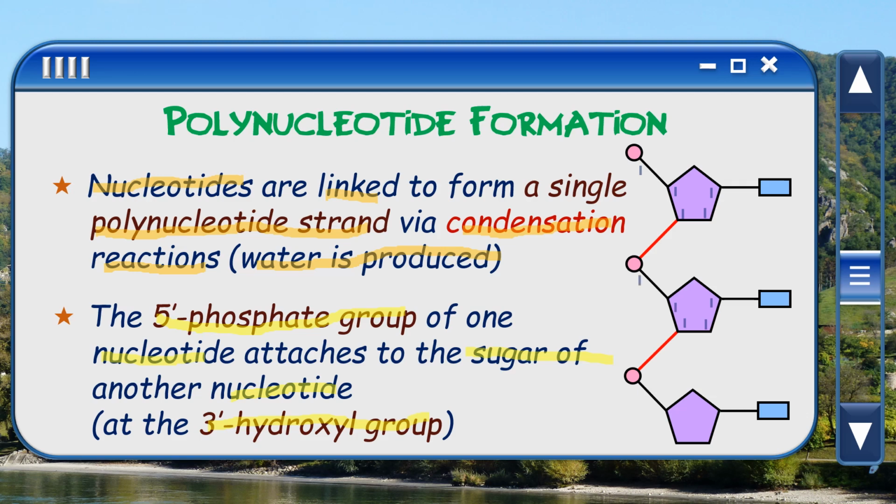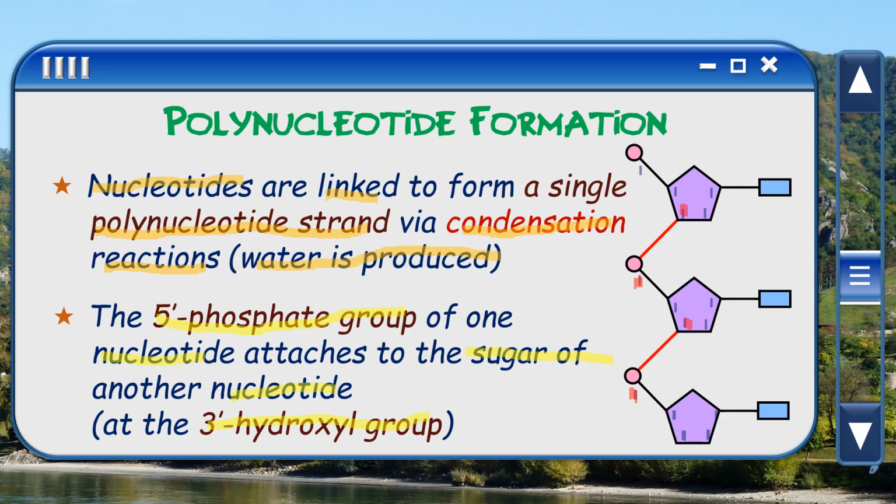Then here we shall have 1, 2, 3, 4, and 5. So we are interested in carbon atom 5 here, and carbon atom 3. Carbon atom 5, and carbon atom 3.